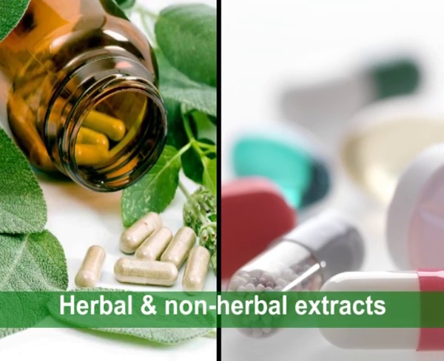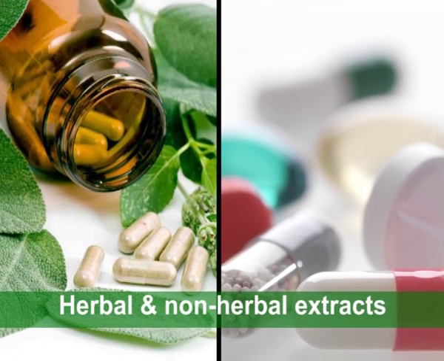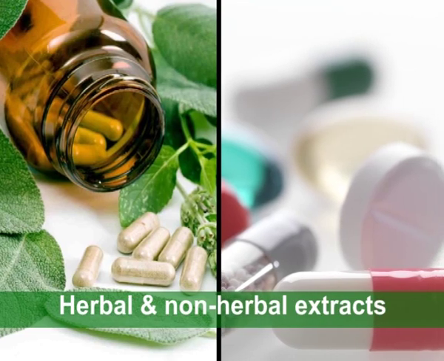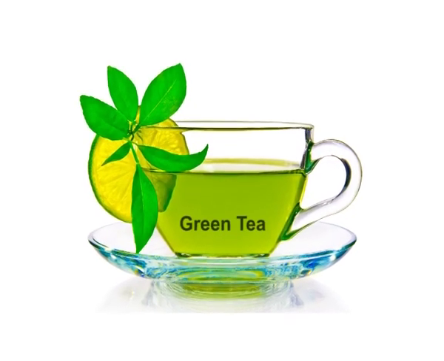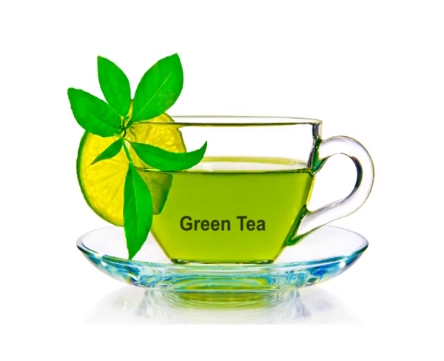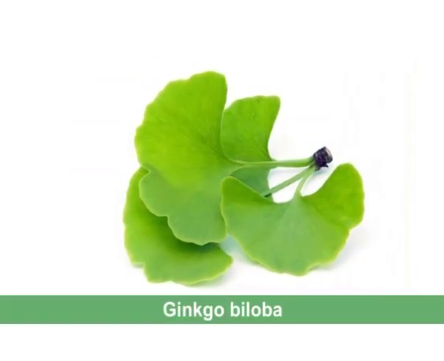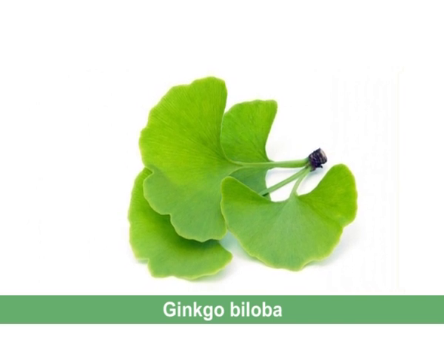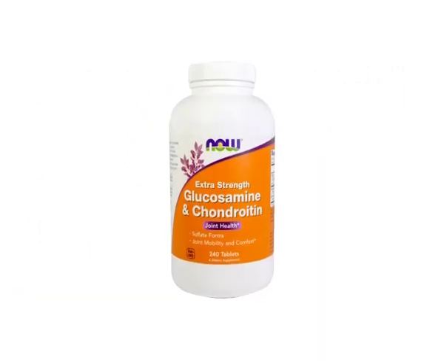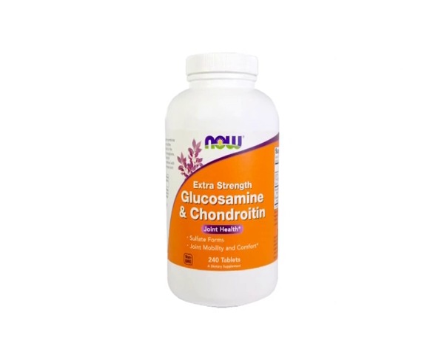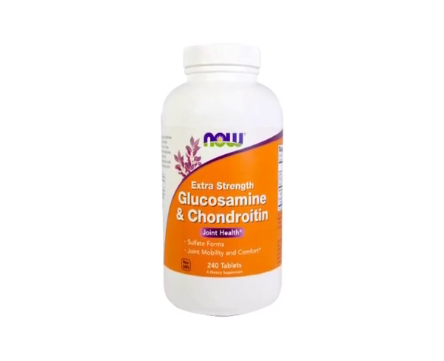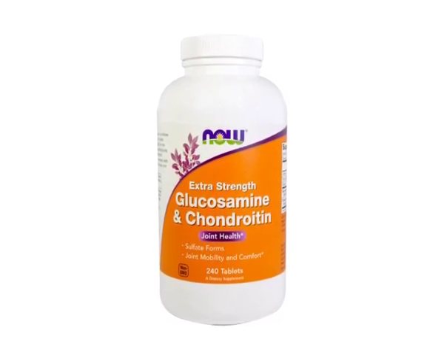Global demand for herbal and non herbal extracts is increasing continuously. Green tea for weight loss and cancer treatment, and ginkgo biloba for improving cognitive function have been widely used as nutraceuticals. Glucosamine generates the strongest growth in demand due to its usefulness in the treatment of arthritis.